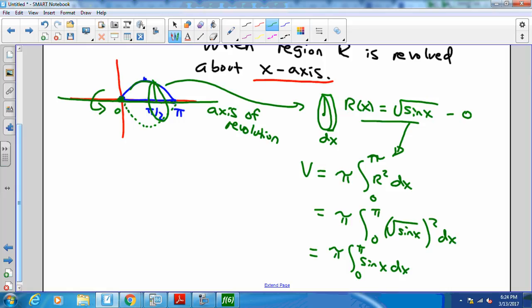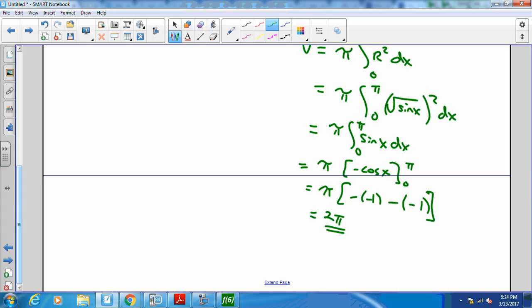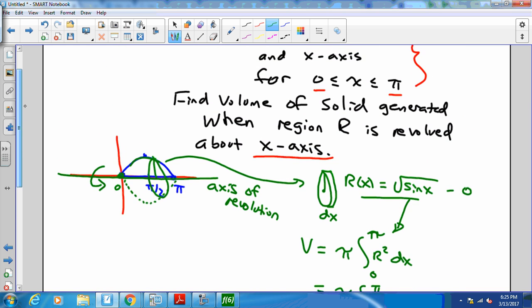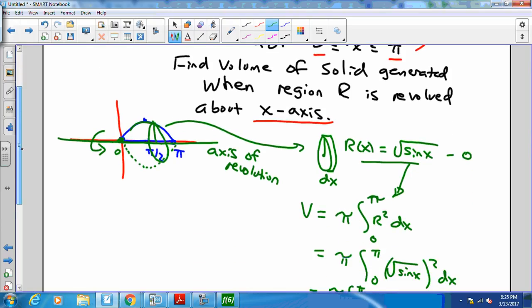So the square root of sine x squared is sine x. And we've actually done this integral a couple of times. We know exactly how it goes. We're going to get negative cosine x from 0 to pi, which is equal to the opposite of negative 1, cosine of pi, minus negative cosine of 0, for a total of 2 pi.